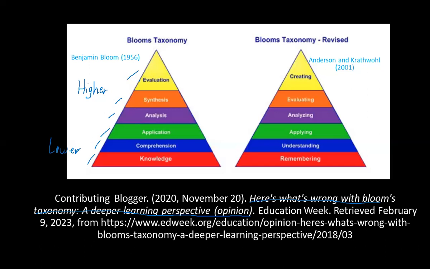Synthesis is basically since you have learned something, you have knowledge about this subject, now let's make new things out of it. Kumbaga, with this knowledge we have, we can design new subject, new topic, or we can basically invent new things. Basically, yung synthesis, gagawa ka ng panibagong idea or invention. Then last but not the least, which is the highest level of thinking, according kay Benjamin Bloom noong 1956, ay evaluation. So dito, this is where we judge.